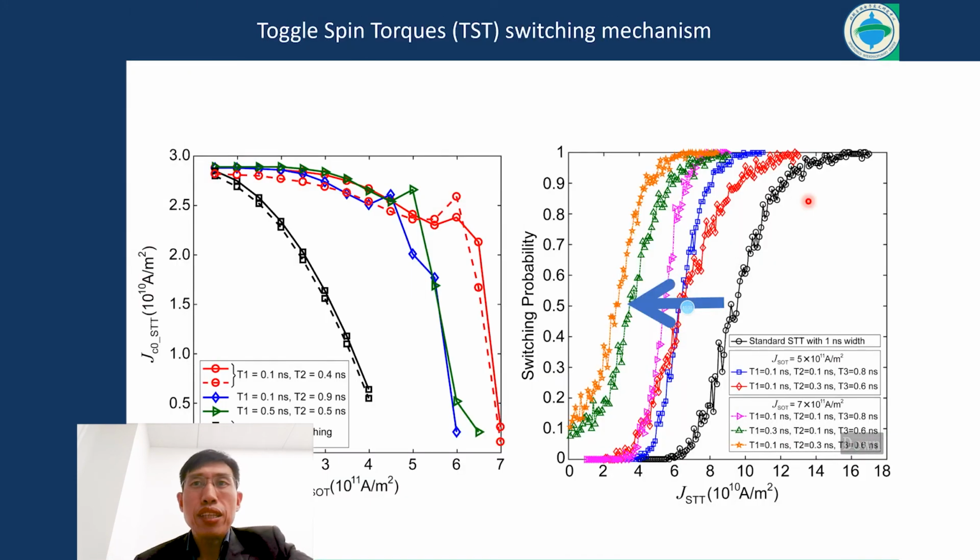So let's see the results. By using this toggle mechanism, we can control the switching probability very well from this current density to this current density. As you can see, the STT current density can be much lowered, and we can tune the pulse difference between these two current densities to modulate the switching probability to get the best result.